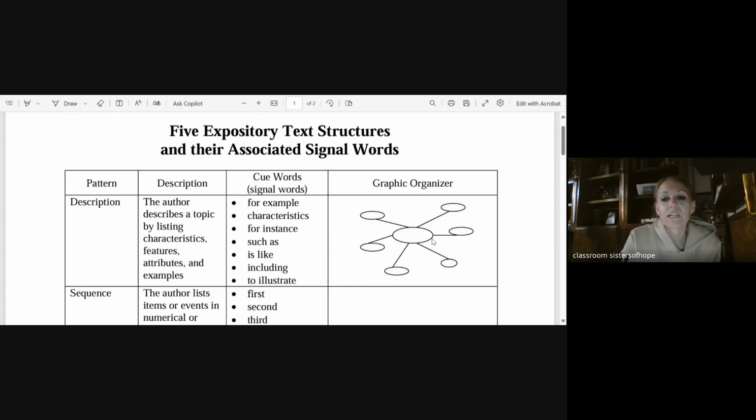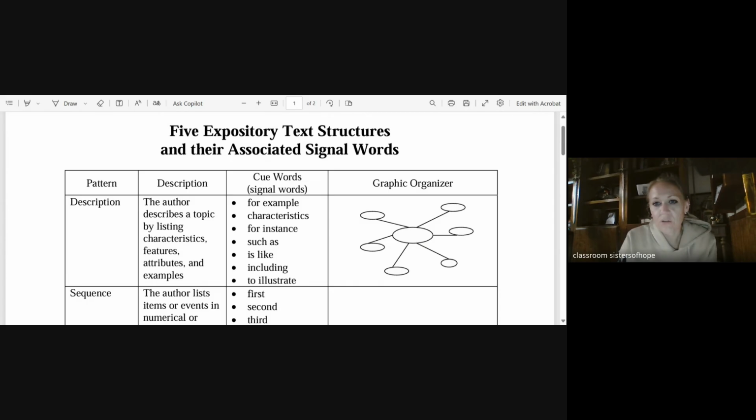And graphic organizers, if you're a kinesthetic learner, if you learn more by doing, or you need to do something with your hands to remember, graphic organizers can help you to make sense of that information instead of just trying to do it all in your head. So the way that this would work is you would put whatever your topic is in that big middle bubble, and then anything that it tells you about it, you would put in the circles on the outside.